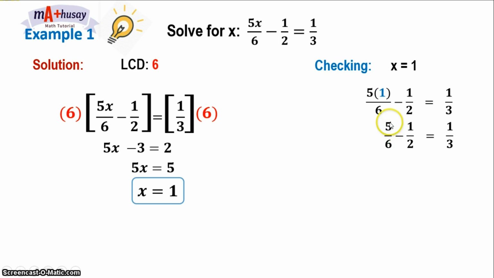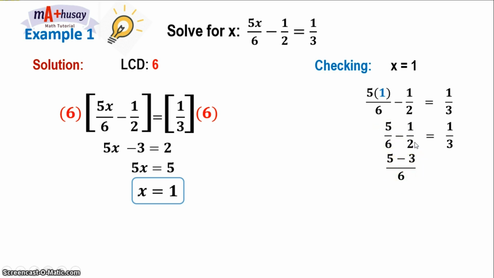Now, you're adding the similar fractions sa left side of the equation, right? So, kailangan natin kunin ang LCD ng mga fractions. So, 6 and 2, ang least common multiple nito ay 6. So, magiging LCD niya ay 6. So, 6 divided by 6 is 1 times 5, kaya 5 dito.